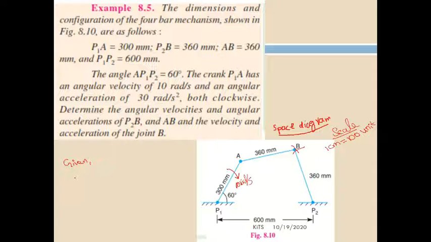What are the given values? Given values are omega P1A. Then what they have given? They have given the acceleration value. For acceleration value, symbol is alpha. Acceleration of the P1A.